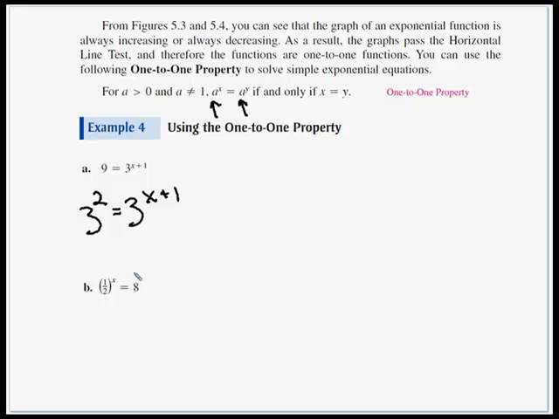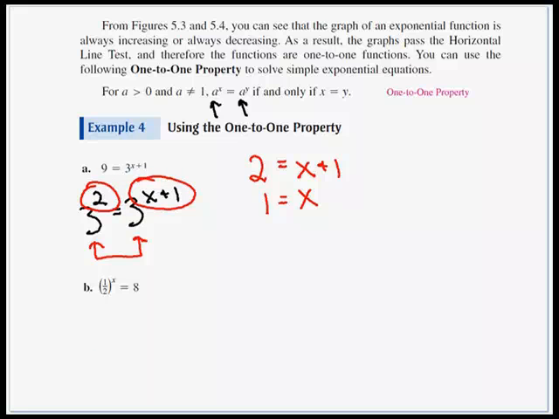Well, of course, that's 3 squared. And now that the bases are equal, we can set the exponents equal. So we can set 2 equal to x plus 1. And solving for x, real simple, subtract 1 from each side, x equals 1. So that is the one value of x that would make this a true statement.